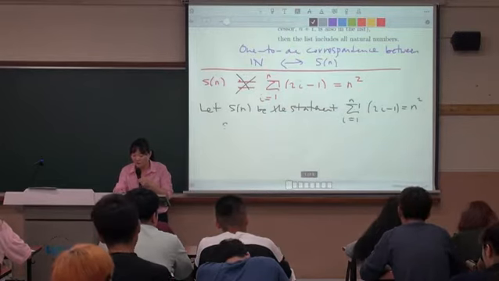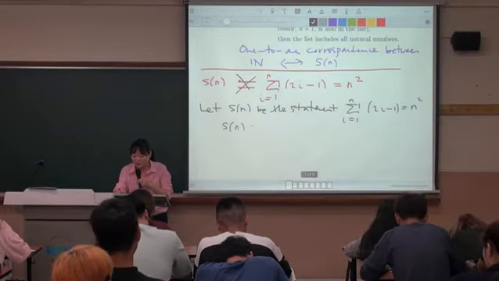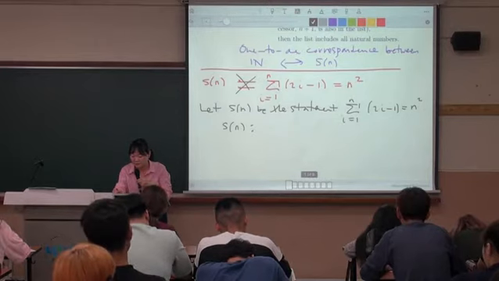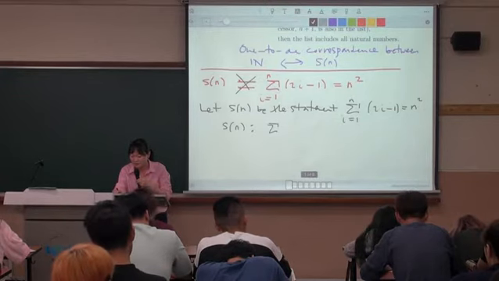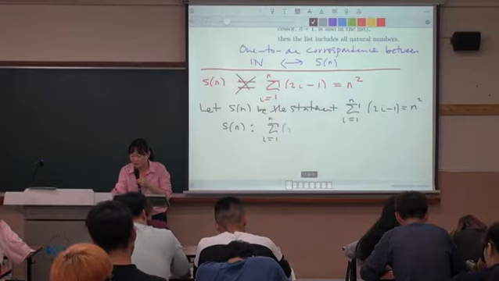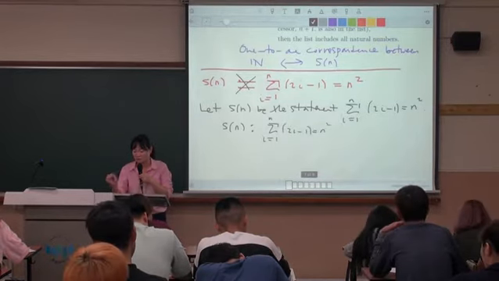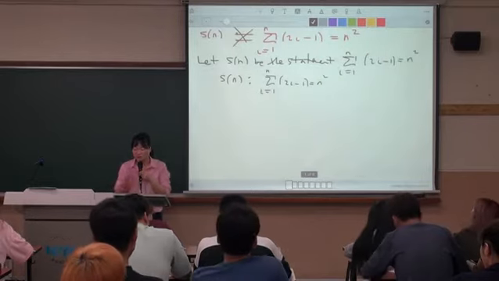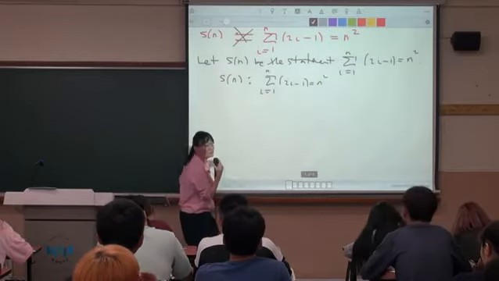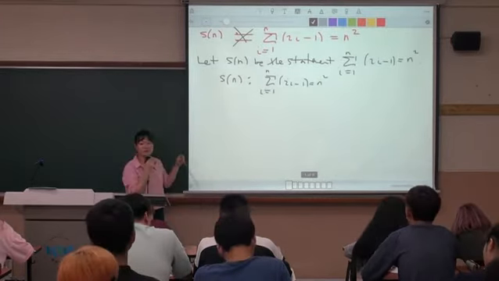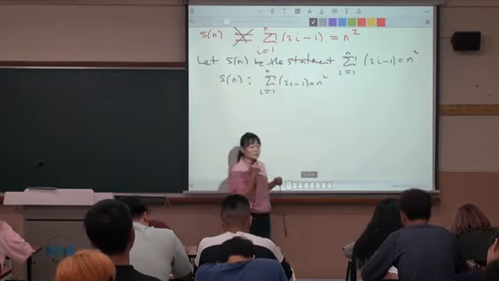Or you can say, let Sn be summation i equal to 1 to n, 2i minus 1 equal to n squared. So do not use an equal sign between this and this, because that's the statement. Is that clear?